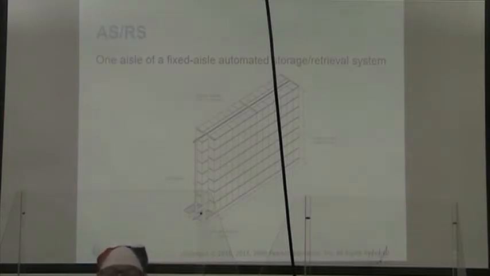All right, so here is an AS/RS system. This illustrates one aisle of a fixed aisle automated storage and retrieval system.